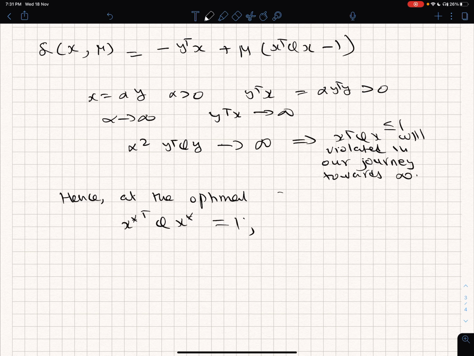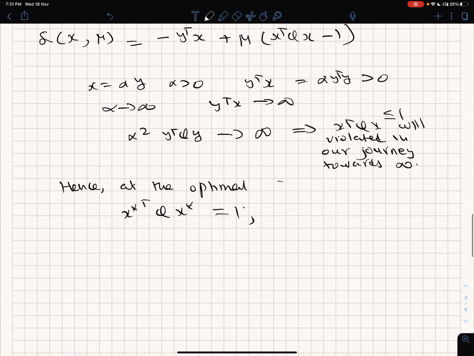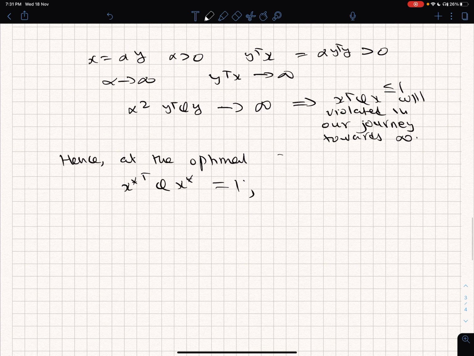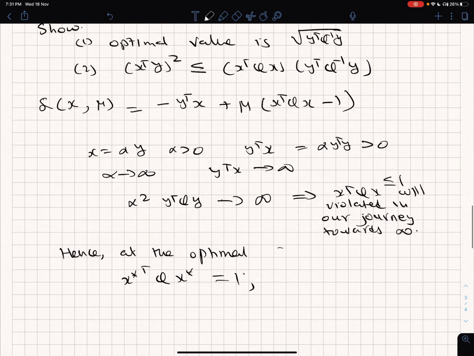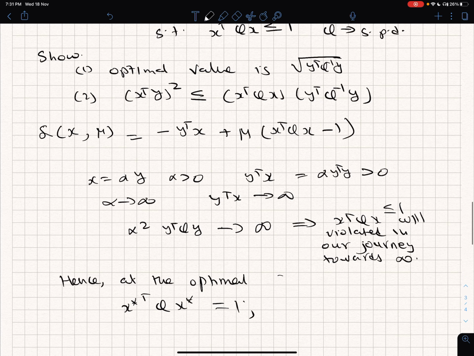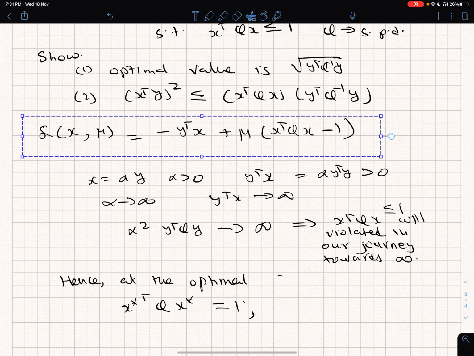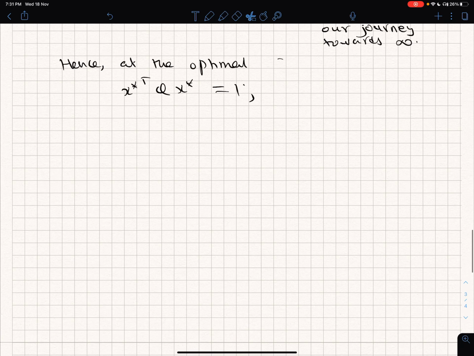So this constraint will have to be valid. Now let's write the stationary point condition of this particular Lagrangian function.